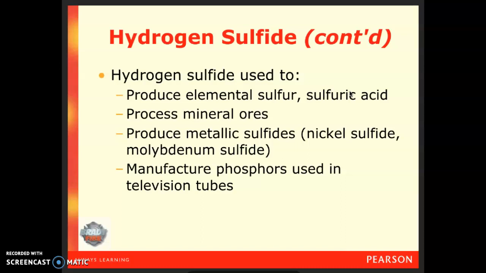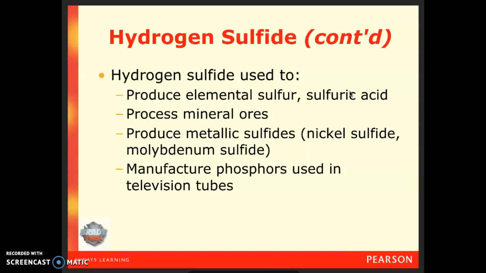And so if you have an ore, you've got a combination of a lot of different types of oxygenated materials. Your first step would be to dissolve all of those in acid. And then sulfides actually can help to pull out certain types of metals and help them to come out and separate from other types of metals that might be present. We see metallic sulfides, nickel sulfide, molybdenum sulfide are also made in a similar process.